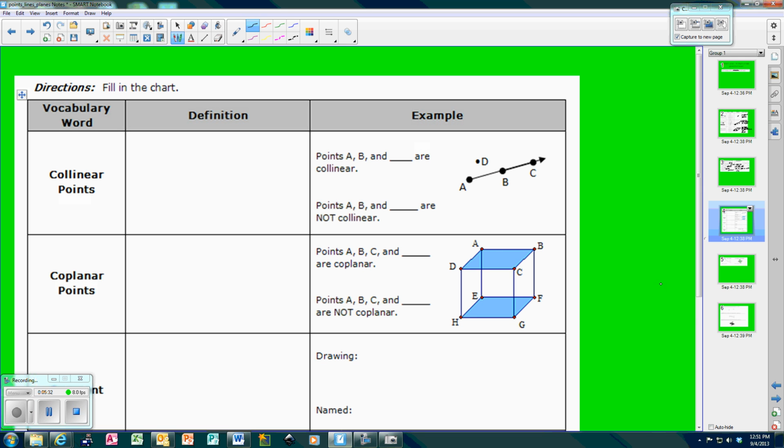The next set of definitions are actual definitions. So collinear points are a group of points that line up.